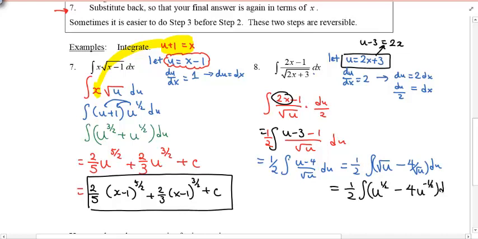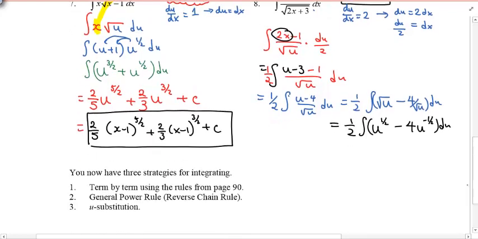And now you're set to anti-differentiate, which I will do right now. U to the 3/2, divided by 3/2, minus 4, and then u to the positive 1/2, divided by 1/2, which is the same thing as multiply by 2.